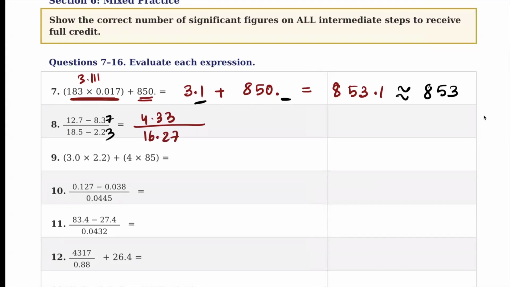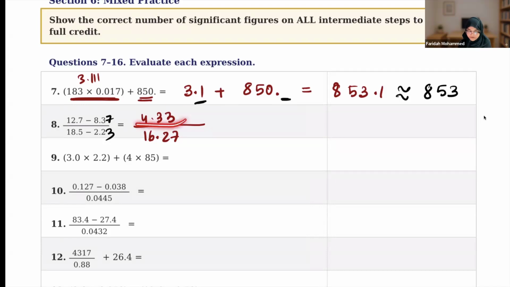This is before, so let's round off to the correct answer first. So this 4.33, is it going to stay the same or is there something we have to do to it? Do we only round to the tenths place? Yes, because this one has one decimal place, this one has two.